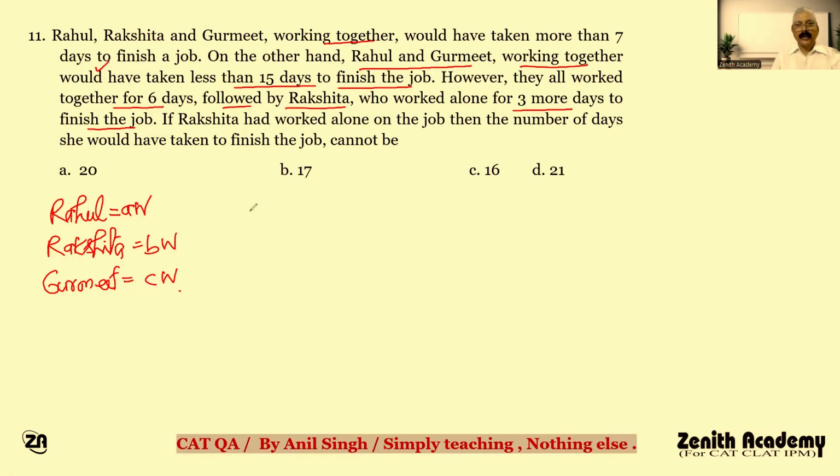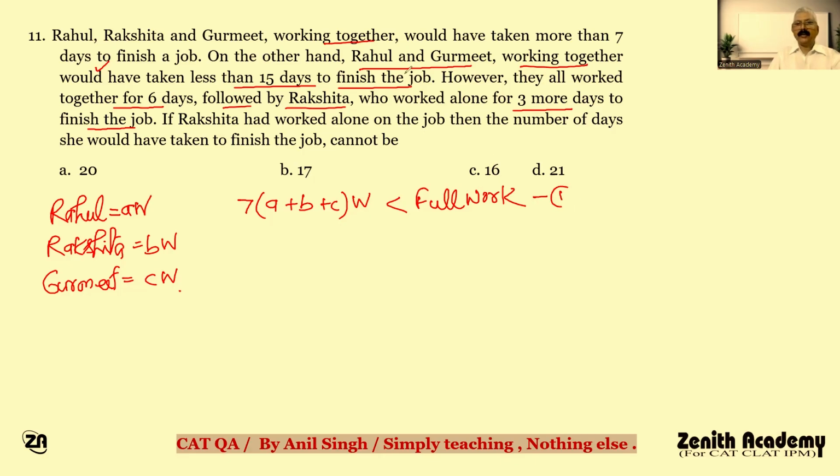It means in 7 days, the work done by Rahul, Rakshita, and Gurmeet is 7A plus 7B plus 7C work, which is less than full work.